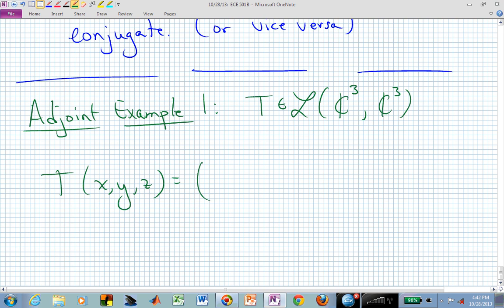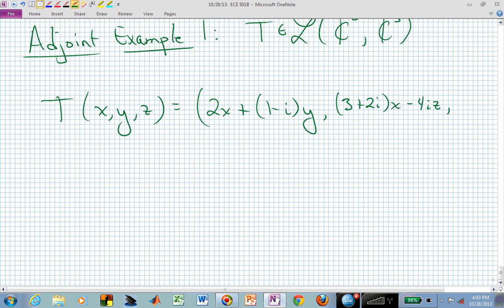When we take an x and a y and a z vector, that maps to 2x plus (1 minus i)y in the first entry of the vector. The second coordinate is 3 plus 2ix minus 4iz. I'm running out of space, but hopefully you can see what I'm doing. And then the third coordinate will be 2ix plus 4 minus 3iy minus 3z.